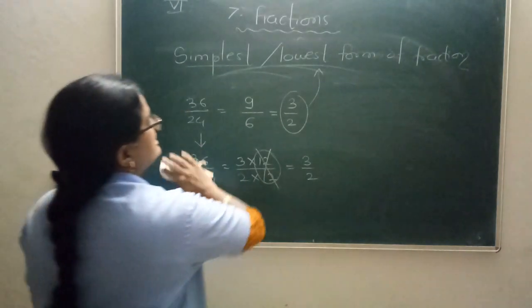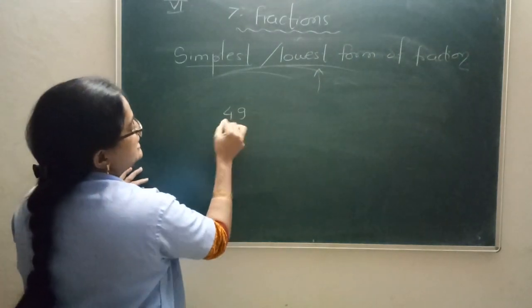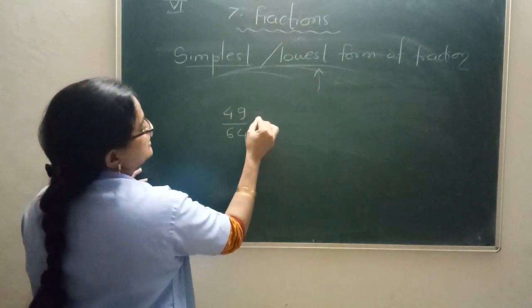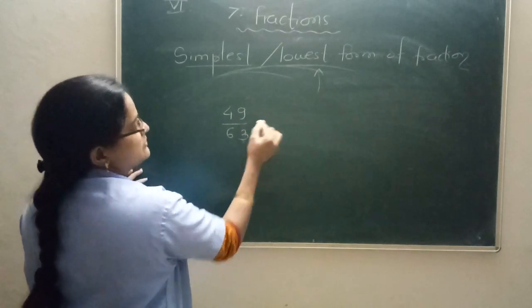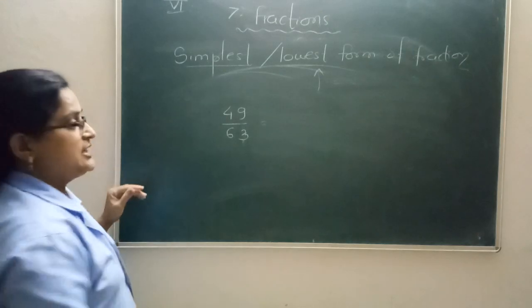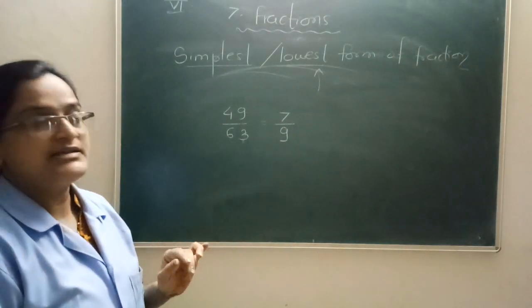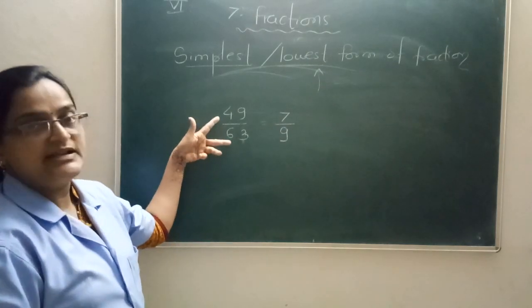Now you are asked the question, is 49 upon 63 in its simplest form? Now I know the table of 7, so by observation I can say 7 7s are 49 and 7 9s are 63. So this is not their simplest form.